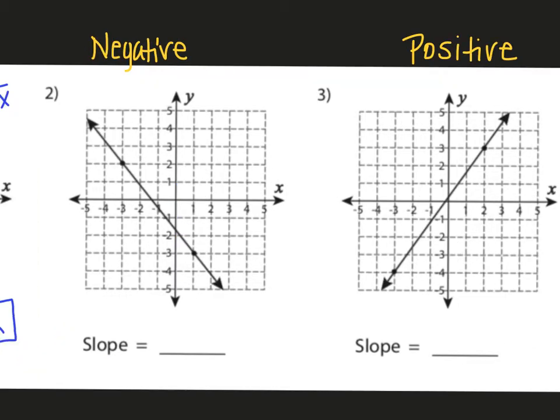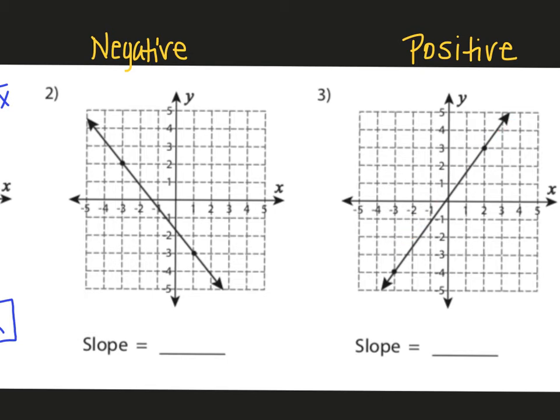Okay, and these two, I think we'll have enough room to do this on the same one. So this one, you see how it's going in a downward direction from left to right? That is considered a negative slope. So whatever I find as my slope, it should be a negative number. And then this one is a positive slope, just like the one we did before.